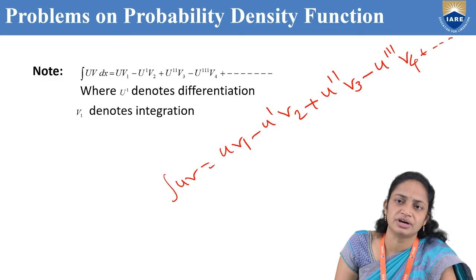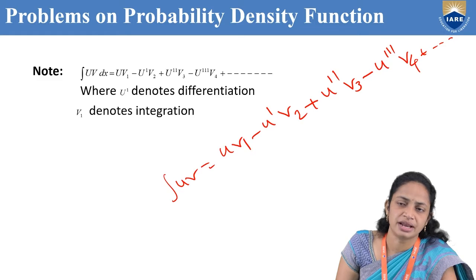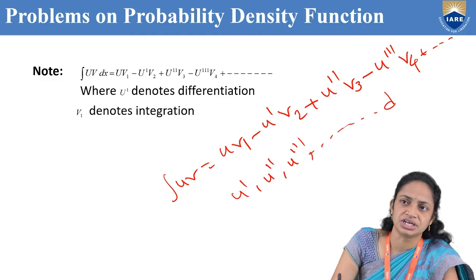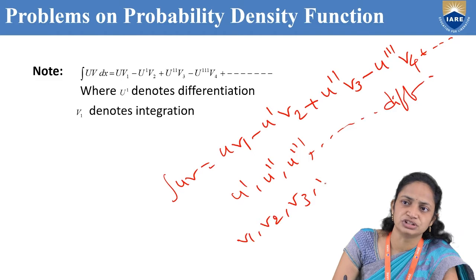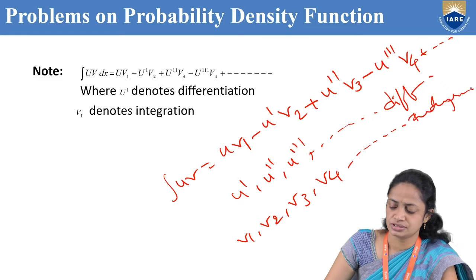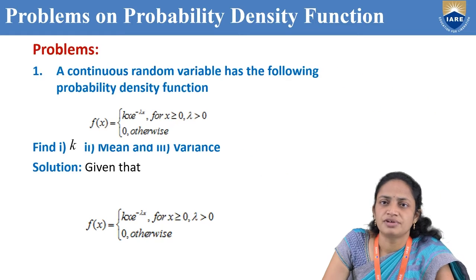Here u dash, u double dash, u triple dash and so on are derivatives, and v1, v2, v3, v4 and so on are integrations.